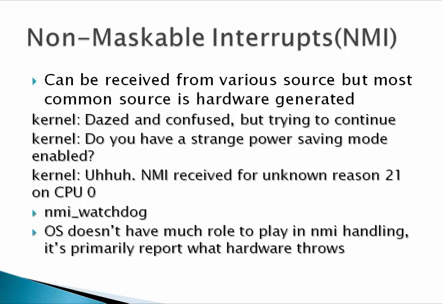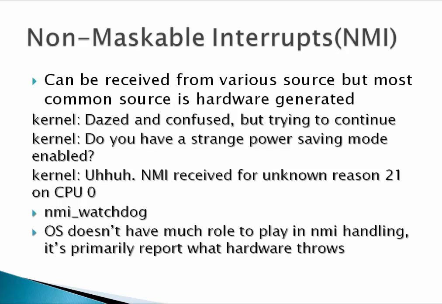So the kernel has a mechanism to handle certain known NMIs which have been coded inside the kernel, but unknown ones typically result in kernel log warning messages such as this, because the kernel doesn't know what to do with that particular NMI. These unknown NMI messages can be produced by error checking and correction, ECC, and other hardware problems.